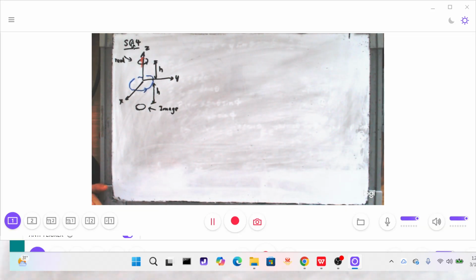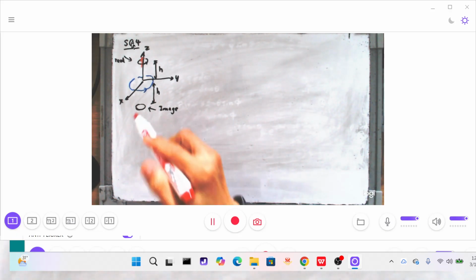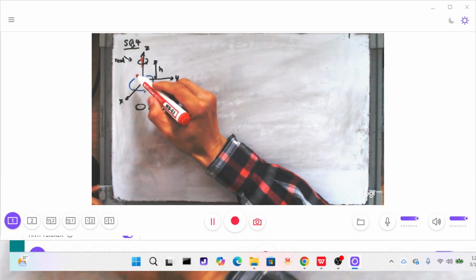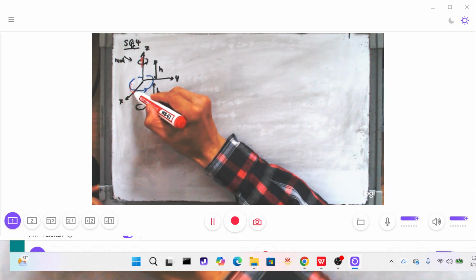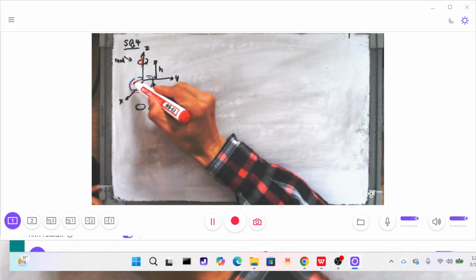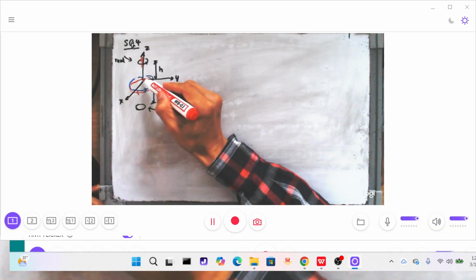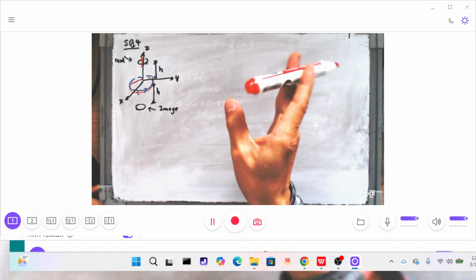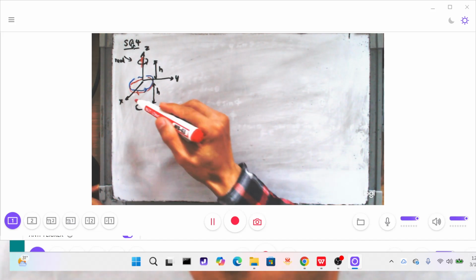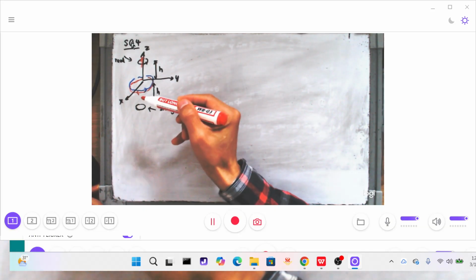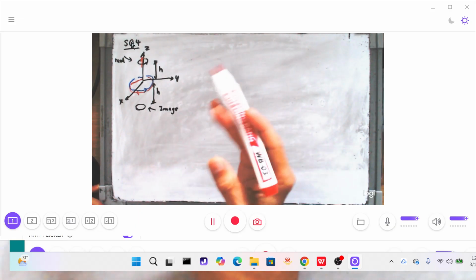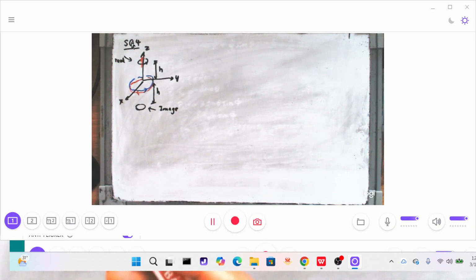But the tangential electric field has to be zero, so this means you have an image electric field in the backward direction. The blue circle is anti-clockwise, then the red circle is in the clockwise direction. This is the only way to balance out the tangential electric field.